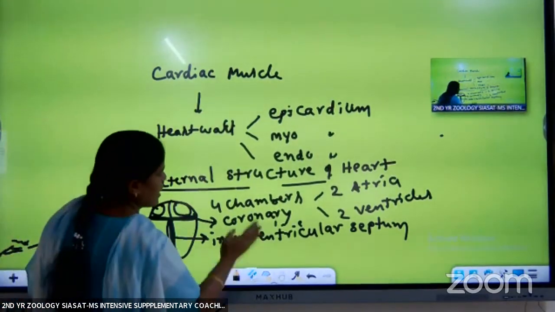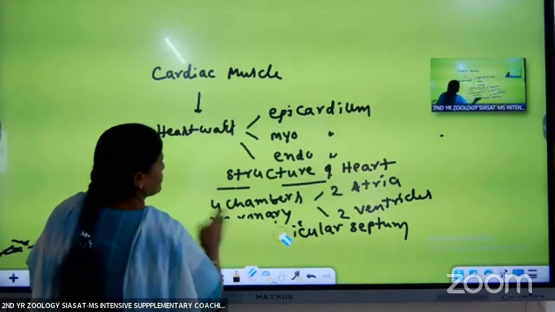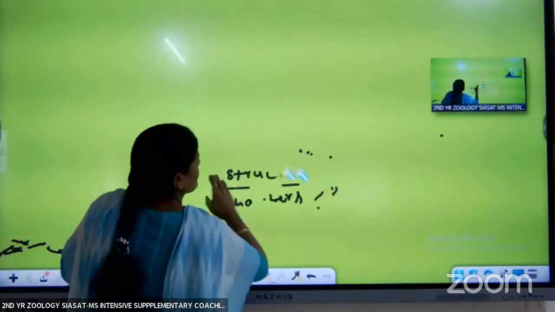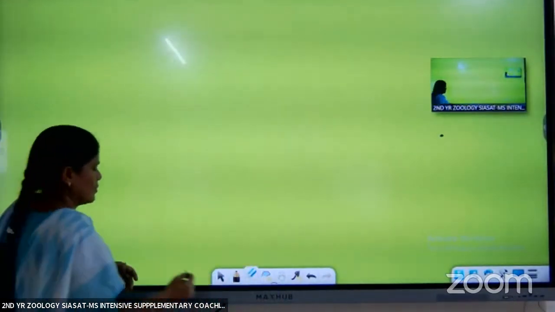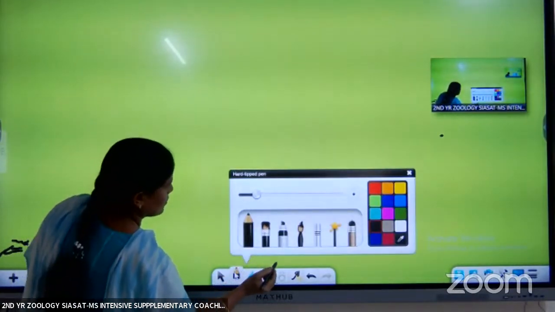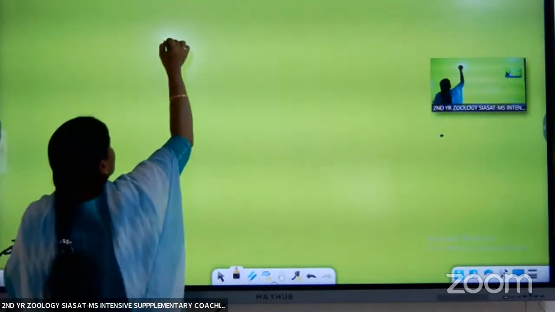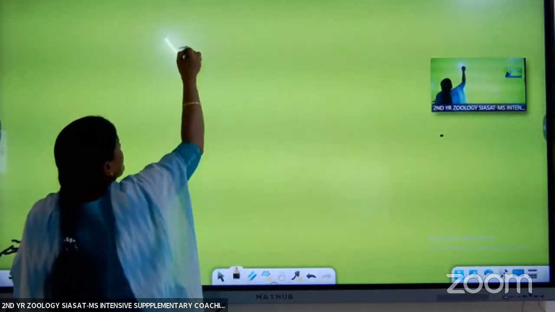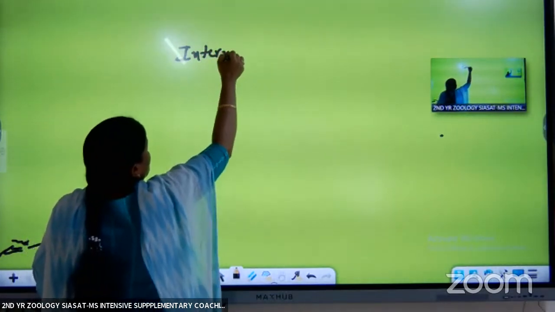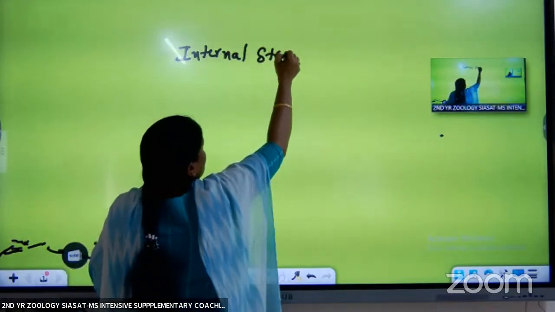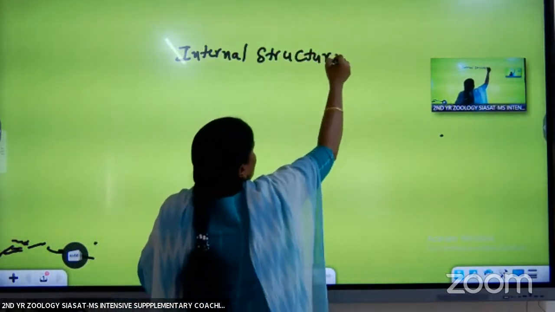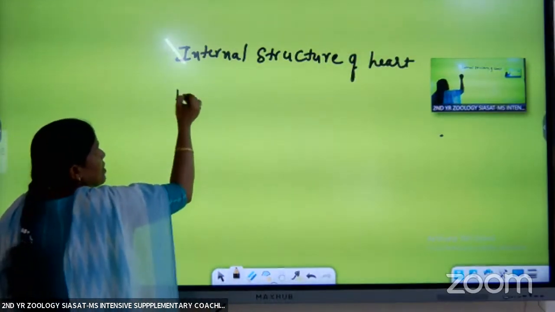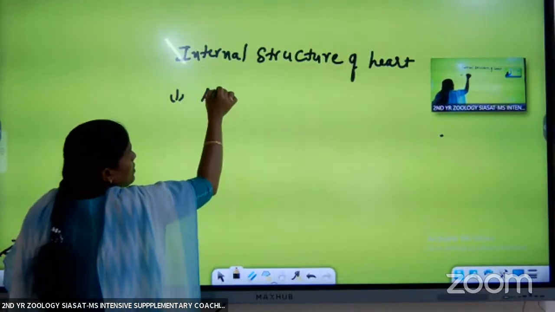Now, next we are going to discuss the internal structure of the heart. In the internal structure of the heart, the first is the atria, the first chambers, the upper chambers.